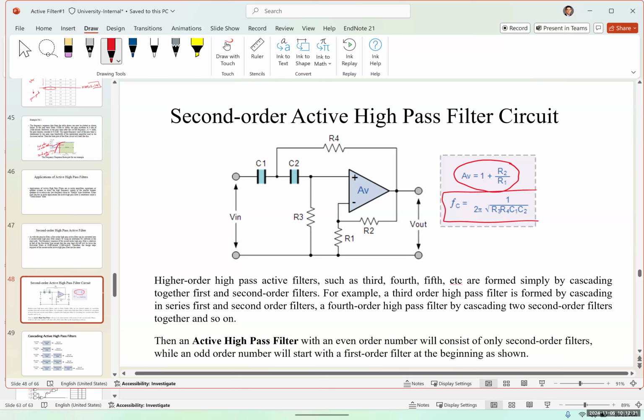But the cutoff frequency FC is going to be 1 over 2 pi square root of R3, R4, C1, and C2. So for the first order, FC was 1 over 2 pi RC. We had 1 R and 1 C, but here we have 2 R's and 2 C's. So FC is going to be 1 over 2 pi square root of R3, R4, C1, C2.